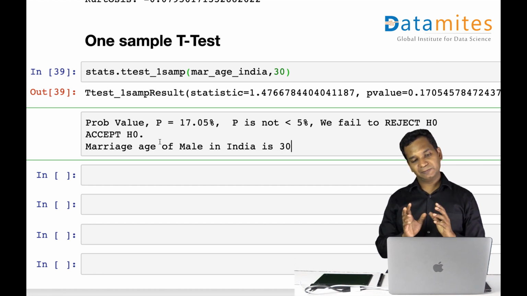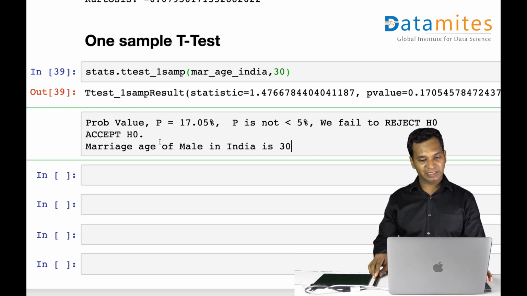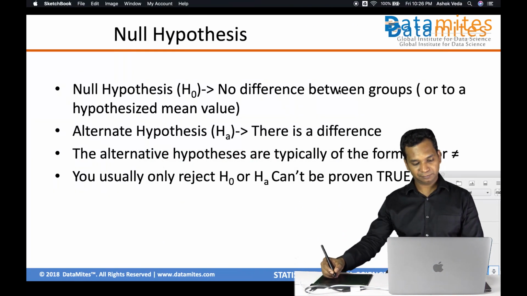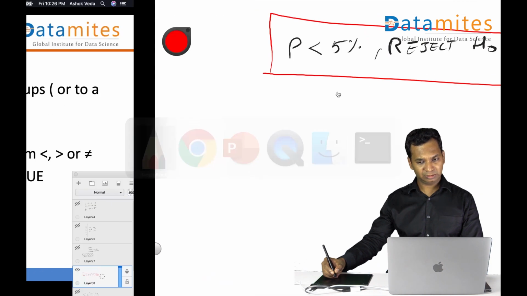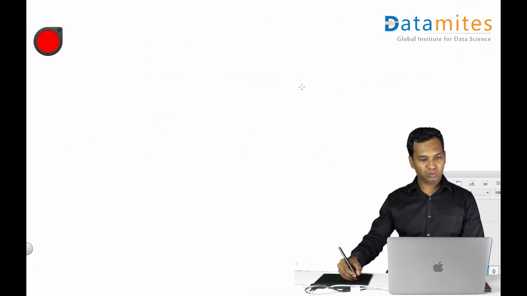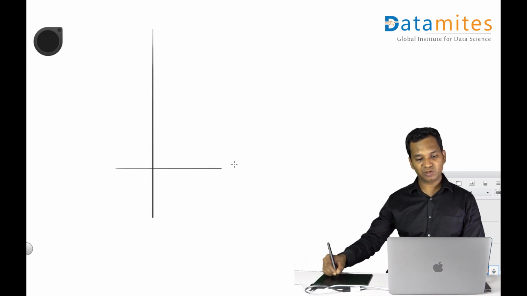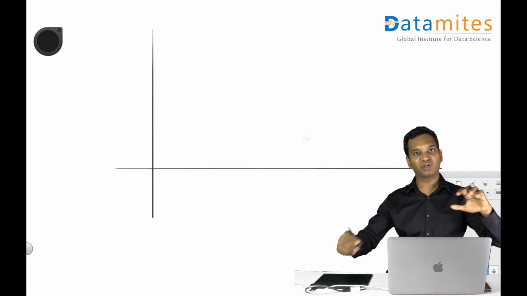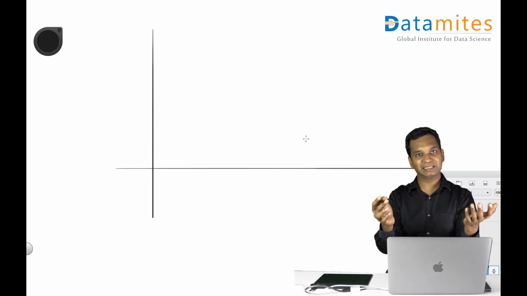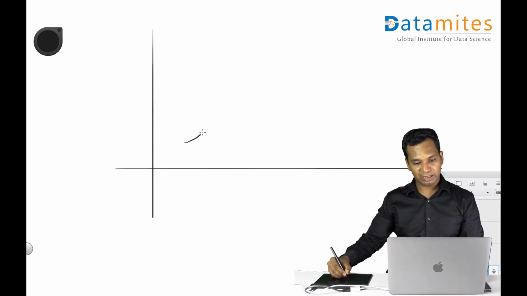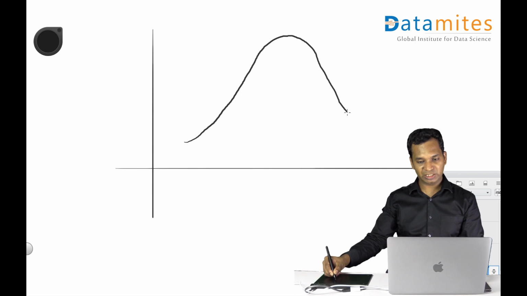So if you look at the graphical way of doing this, what we have done here: let's say you draw a histogram of all the people you have collected, say the marriage ages of 1,000 people, and assuming it is a nice normal distribution like this.